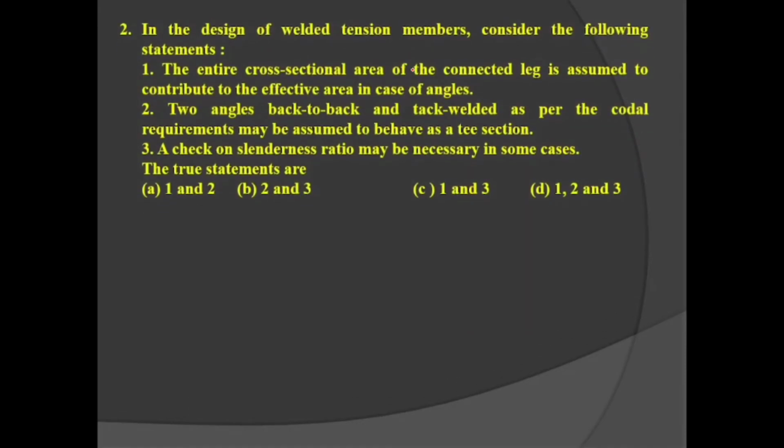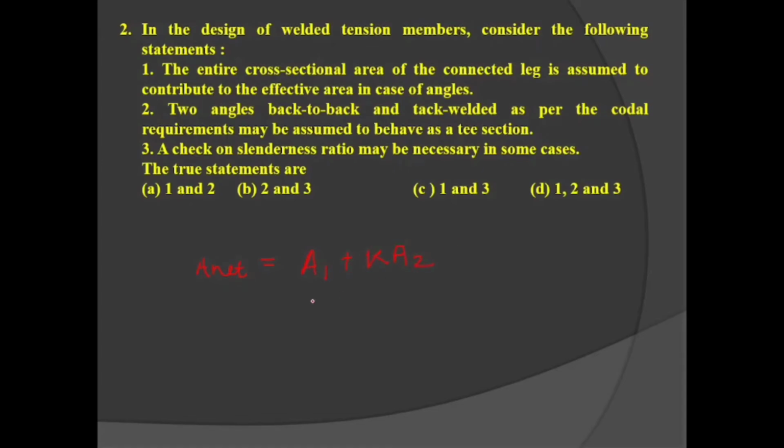Okay, now the second question is: in the design of welded tension members, consider the following statements. The entire cross section area of the connected leg is assumed to contribute to the effective area in the case of angles. Obviously it is okay, because A net is generally equal to A1 plus K A2.